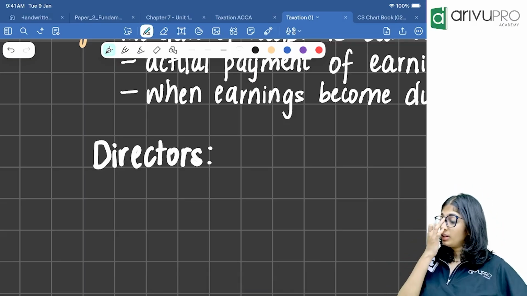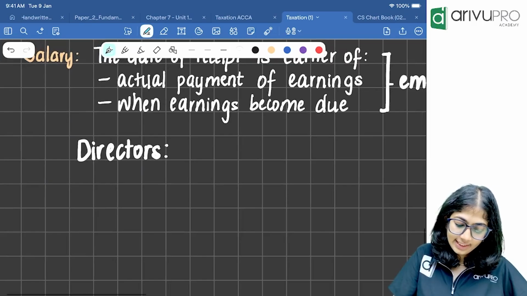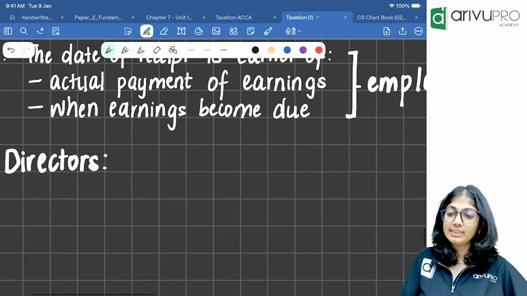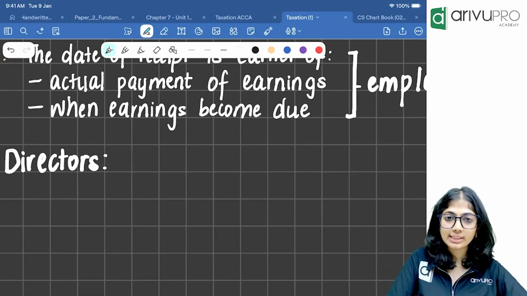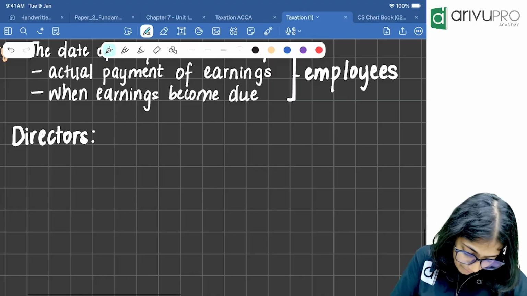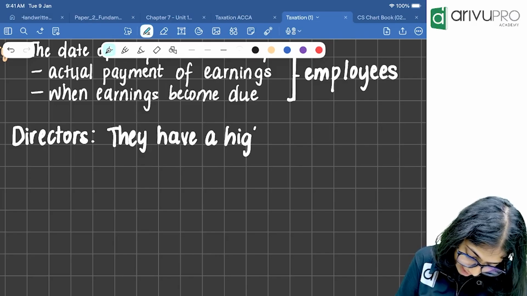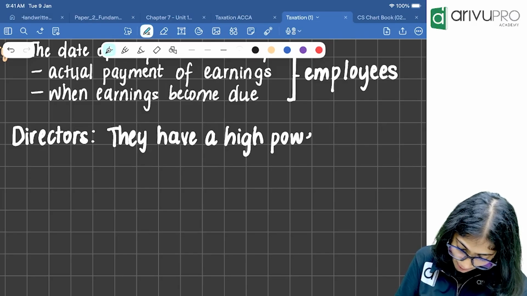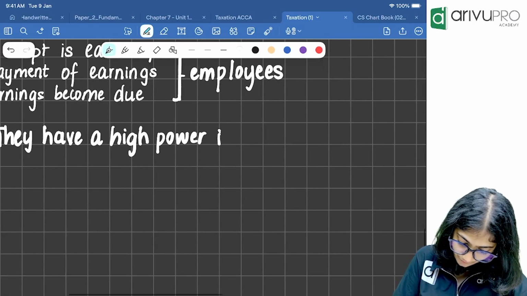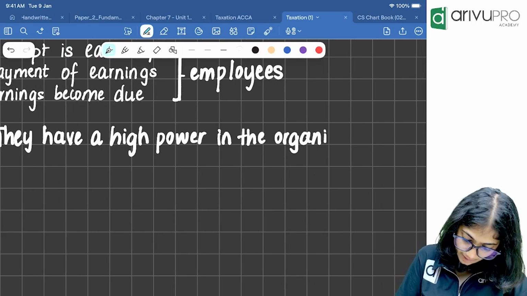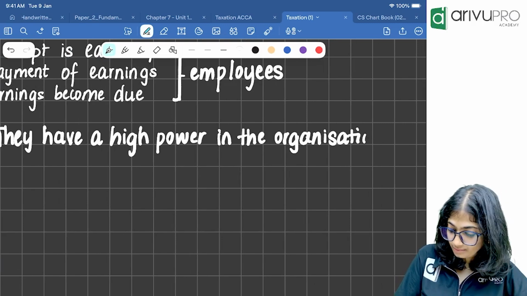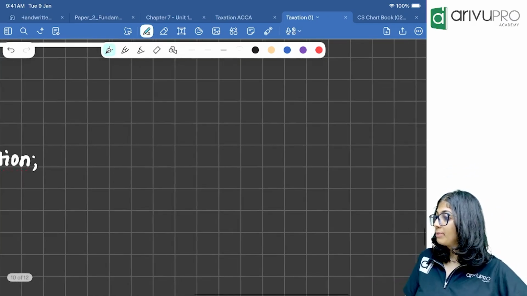If you are a director, the thing is, why do directors have a separate rule compared to employees? Because first of all, they have high power in the organization. So, what happens if you have power?